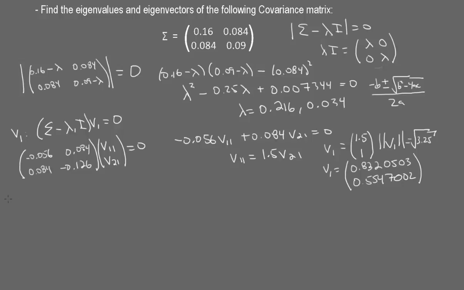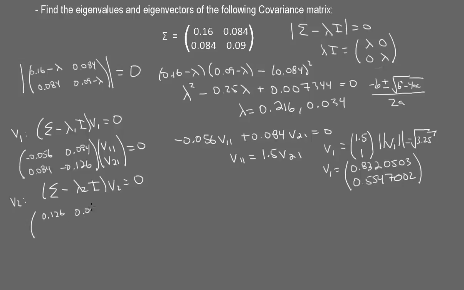So the next step is then just to solve for our second eigenvector. And here we use the equation sigma minus lambda 2 I times v2 equals 0. So now our second lambda is 0.034. So we'll put 0.034 into this, and what we get is 0.16 minus 0.034 is 0.126.